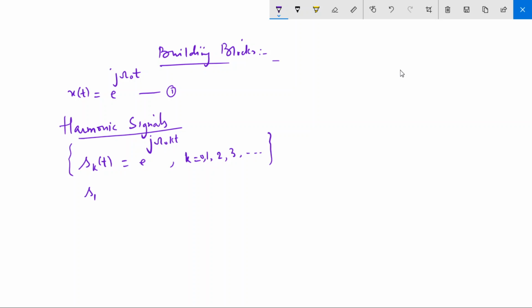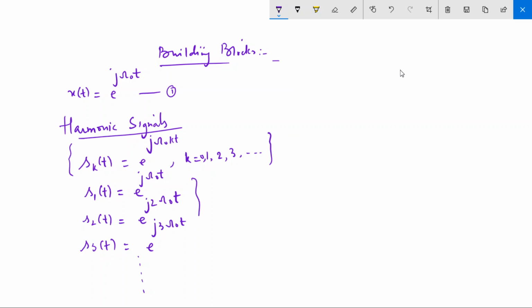For k equal to 1, you will get e raised to power j omega naught t. For k equal to 2, you get another signal s_2(t), which is e raised to power j 2 omega naught t. Similarly, for 3, you get s_3(t), which is e raised to power j 3 omega naught t, and so on.